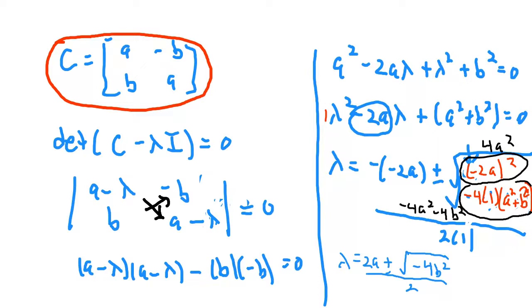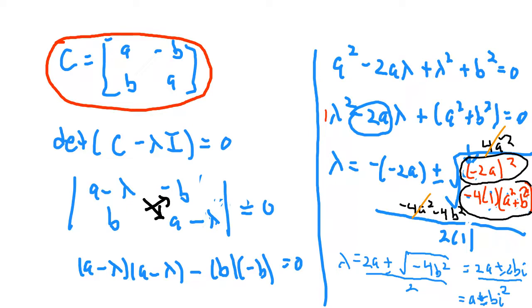And so the 4a squared will cancel out with the negative 4a squared, leaving you with negative 4b squared. Now this is going to equal 2a plus or minus 2bi all over 2, and that will just equal a plus or minus bi. Exactly right.